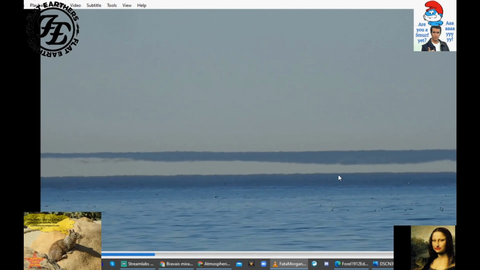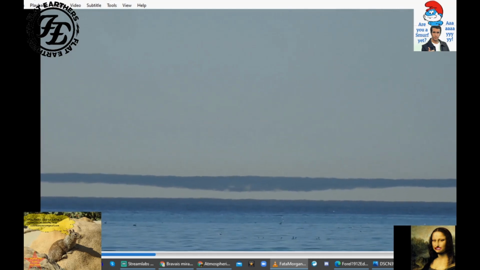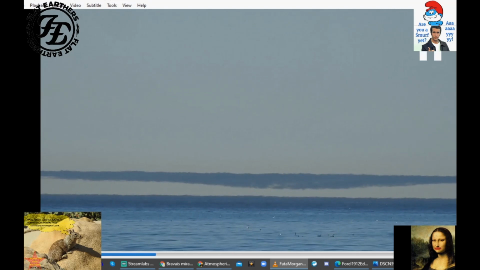It's bleeding together. And you can see the wispiness of the sky. There's a dance going on right here, where the sky is bleeding in and out, or the mirage rather, because this is an inverted image of the sky.